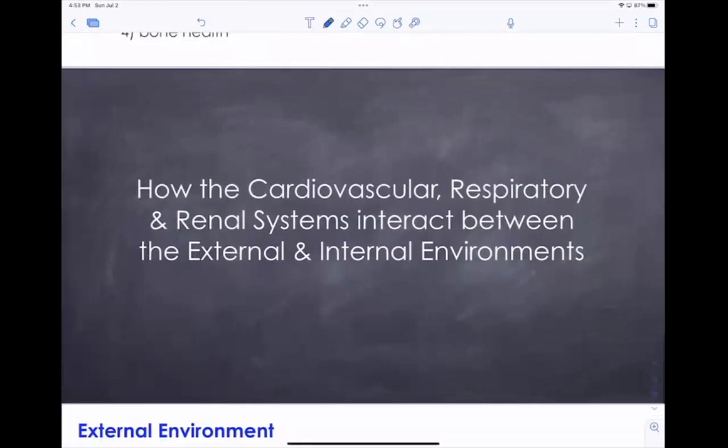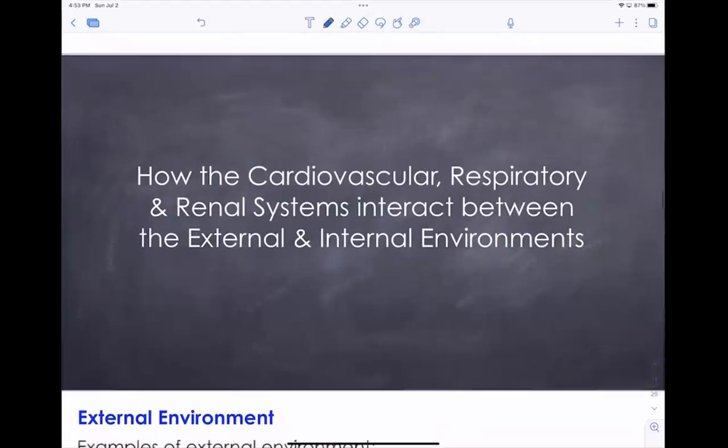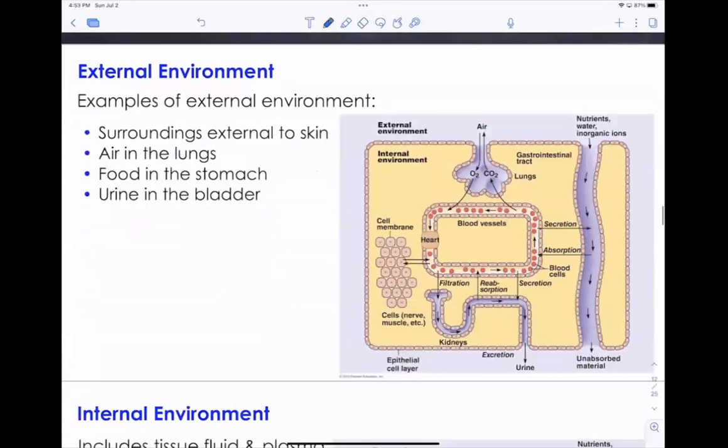And so understanding how the cardiovascular, respiratory, and renal system interact, how the three of them interact, is going to help you understand how pH is regulated, which is important for all the things we just talked about. So let's go over the external environment.